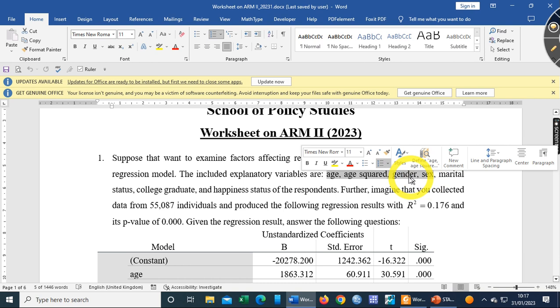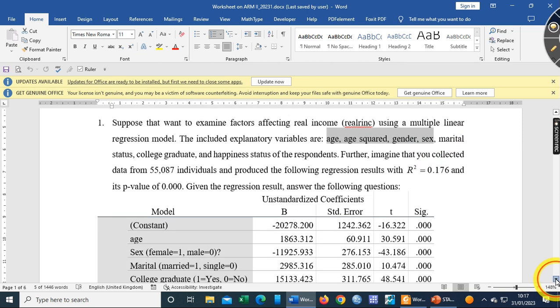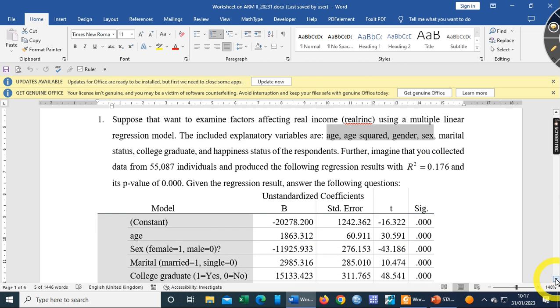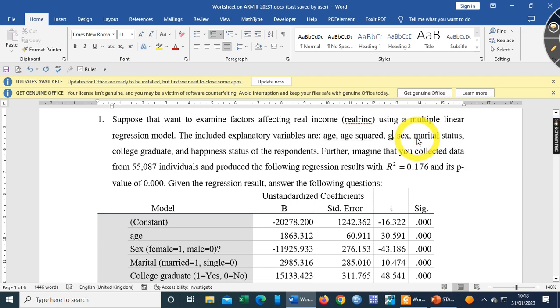Here sex and the gender are the same, but they are repeated here, and we need to remove one of the variables. The total number of sample is given.